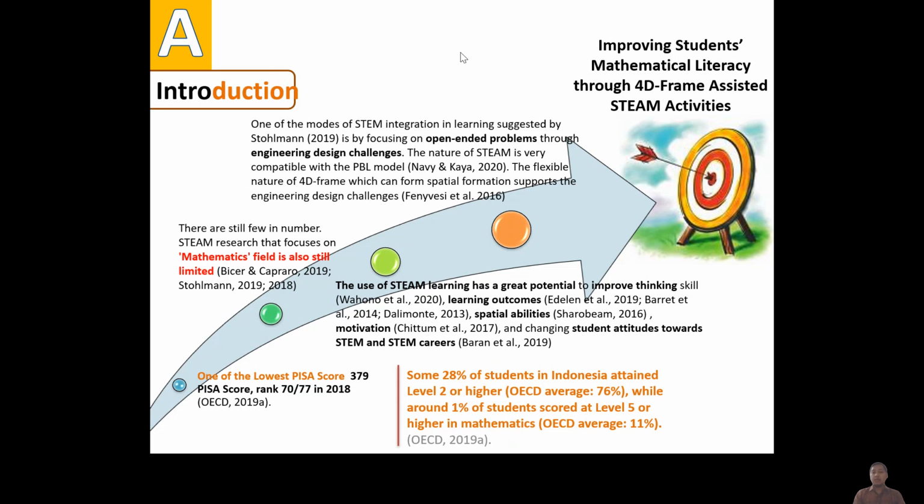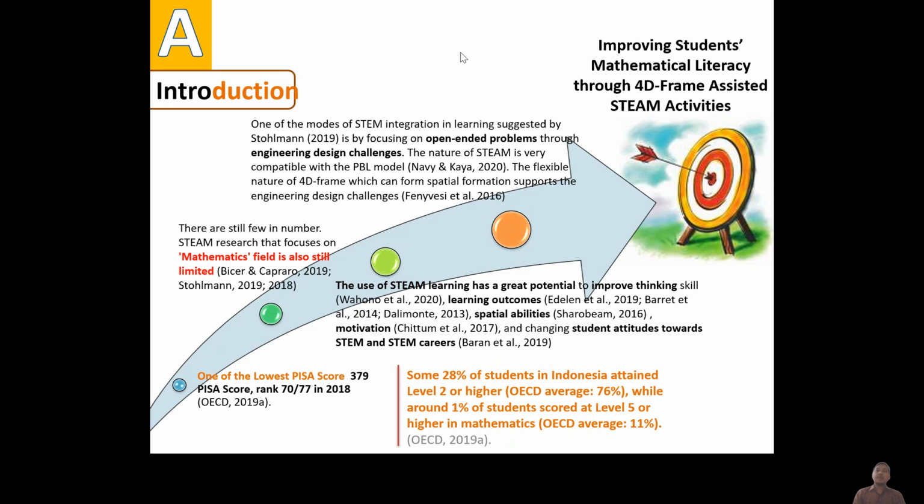As we know, a student that reaches level 2 is only capable of solving simple tasks, simple questions, by only applying the formula in a familiar context.